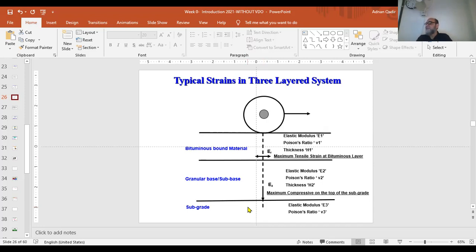What I mean is that if you have all the layers made of asphalt concrete, imagine this is also your bituminous bound material, then you will measure the tensile strain here, not at this point. So yes, in one type of pavement, both compressive strain and tensile strain can be measured at the top of the subgrade.